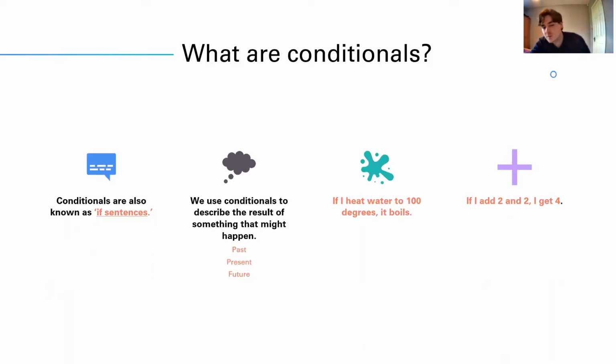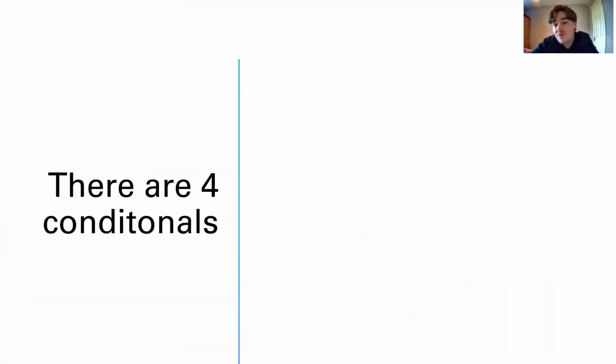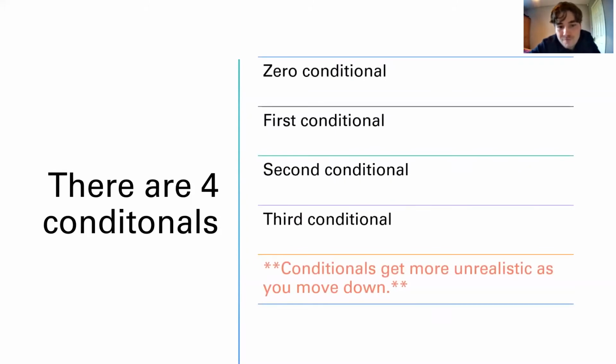We're talking about the result of something. We use if. There are 4 conditionals. We have 0, first, second, and third. What I like to remember when teaching conditionals is that conditionals get more unrealistic as you move down.